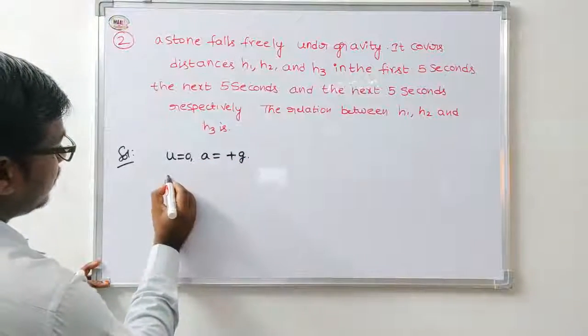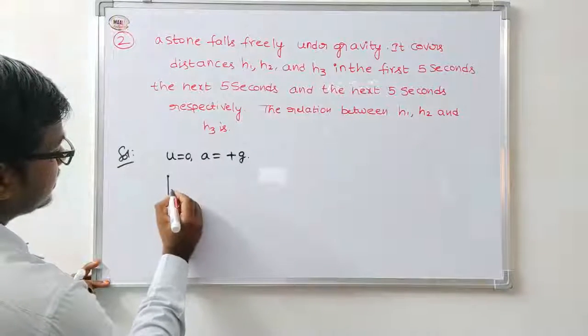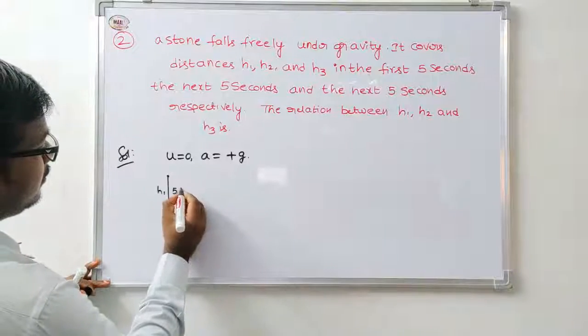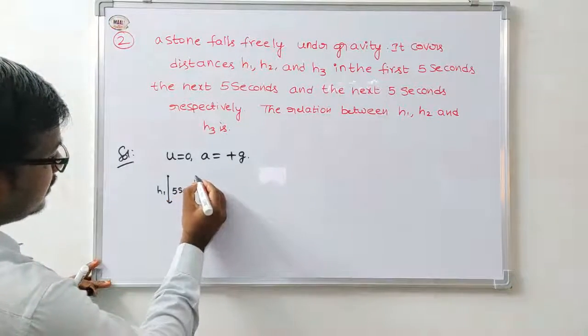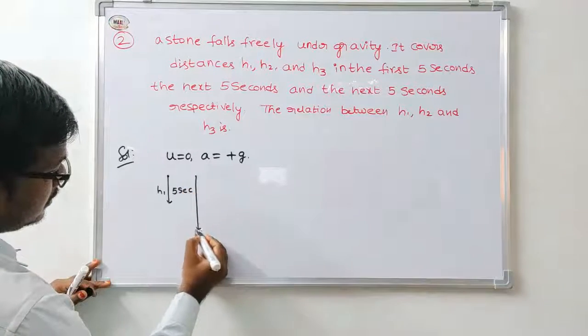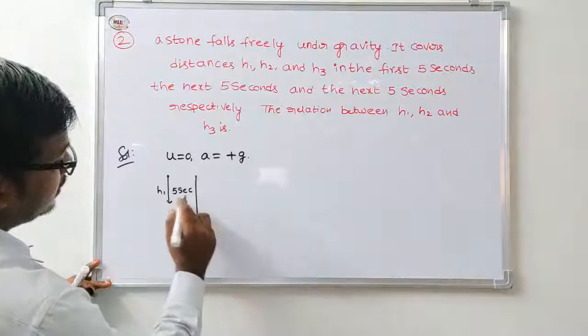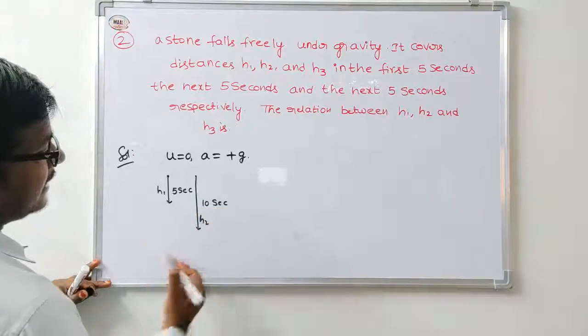The body is dropping, freely falling. Some distance covered, that distance h1, in 5 seconds. The next distance covered is h2, in the next 5 seconds, 5 plus 5, 10 seconds.